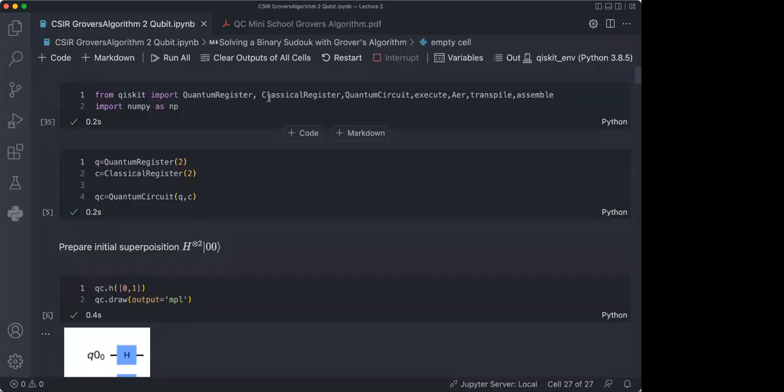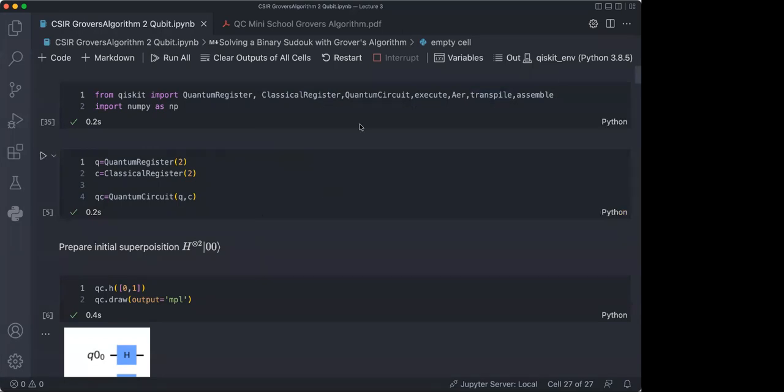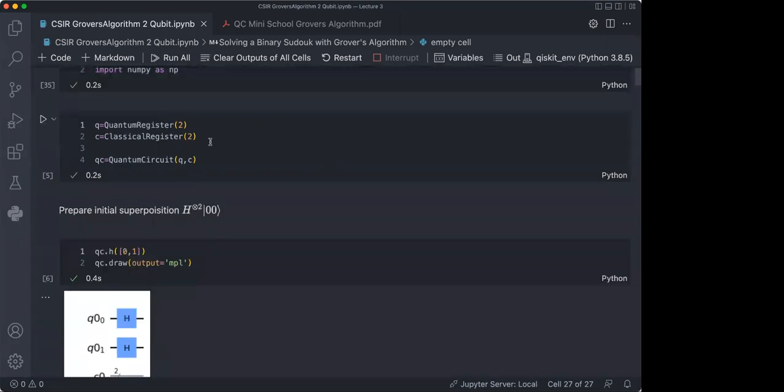So we're aware of what imports we need. There are 2 new imports that I'm using here, transpile and assemble, but I'll get into that in the next part of the lecture. And we're just using NumPy. We construct a quantum register and a classical register, with 2 qubits in the quantum register and 2 bits in the classical register.